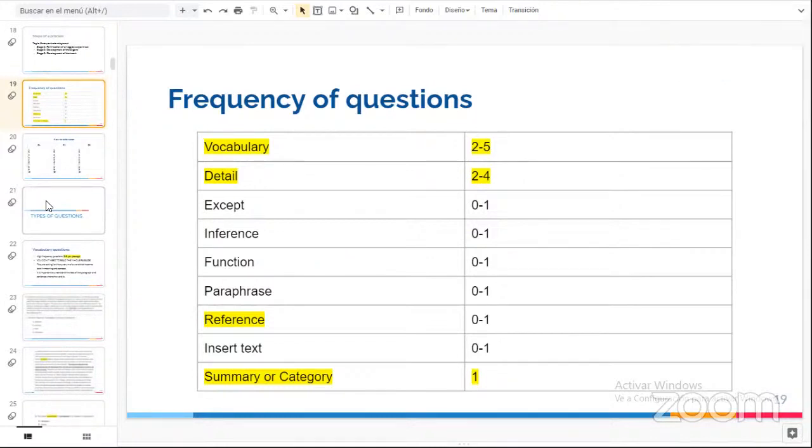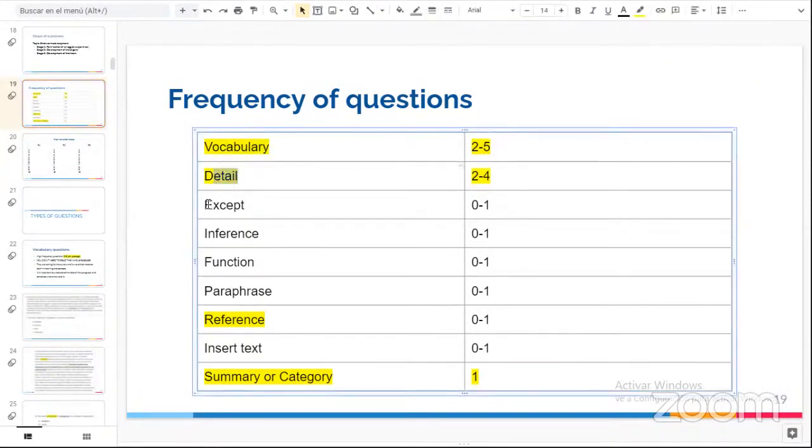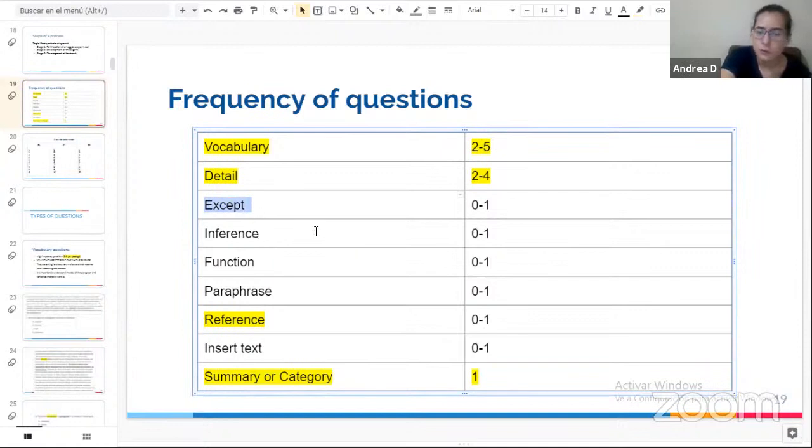Okay, so today we're gonna continue working on the reading section. Last class we looked at some of the questions that you can get there. I think we went over vocabulary, detail, except type of question, if I'm not wrong, and also reference.